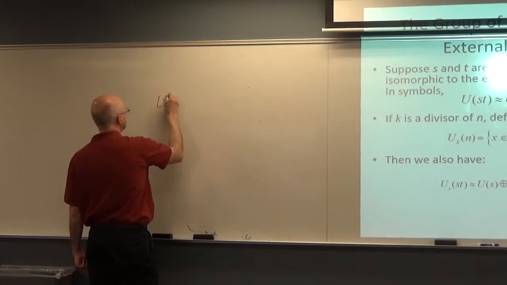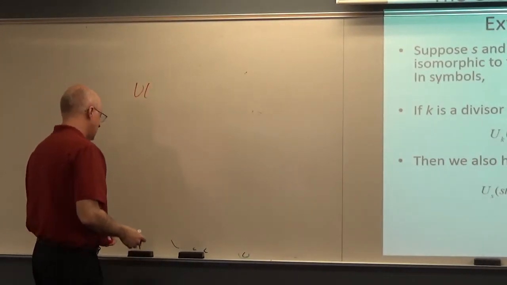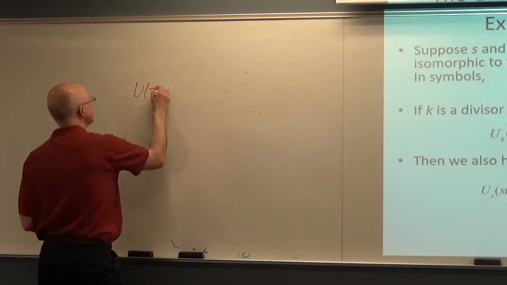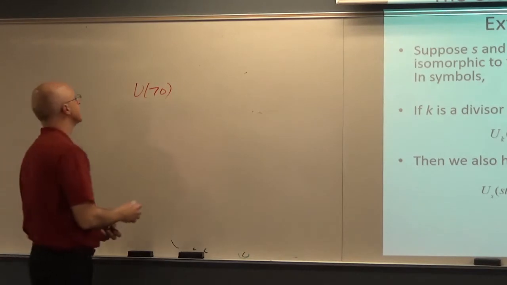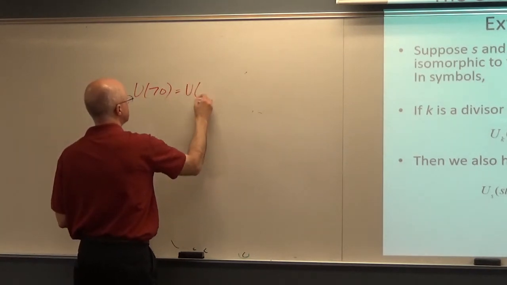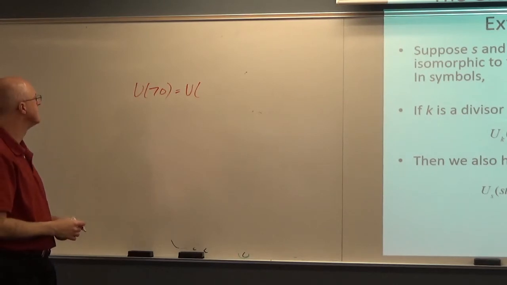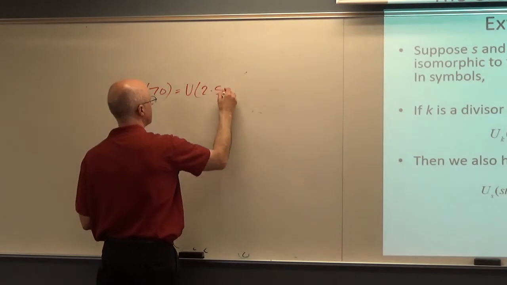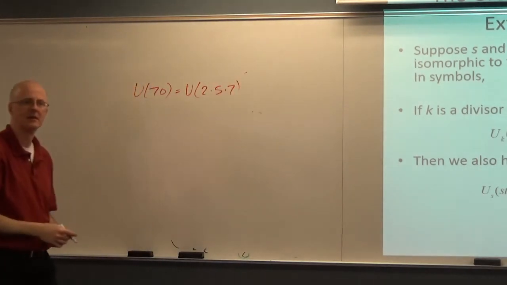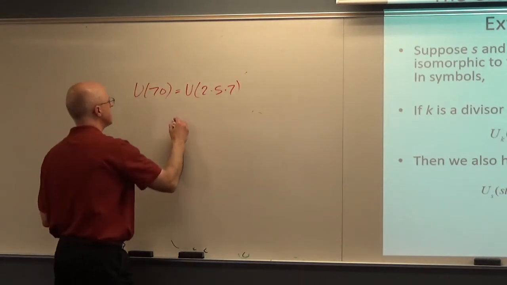For example, we might wonder what the isomorphism class of, let's say, U70 is. Do the prime factorization of 70. 70 is 2 times 5 times 7, which are all prime, and therefore all relatively prime to each other.